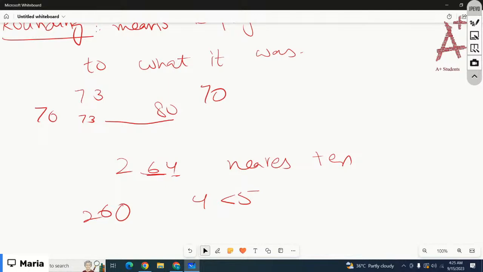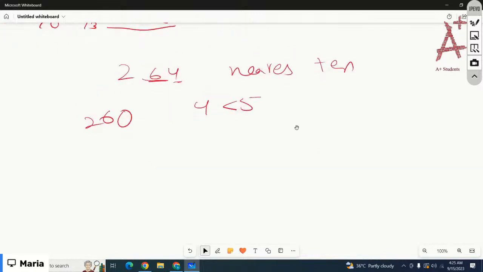Let's just do another example. You have to round off the number 4695, right? You have to round to the nearest 100.